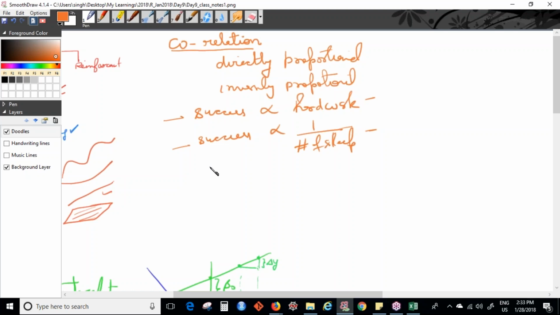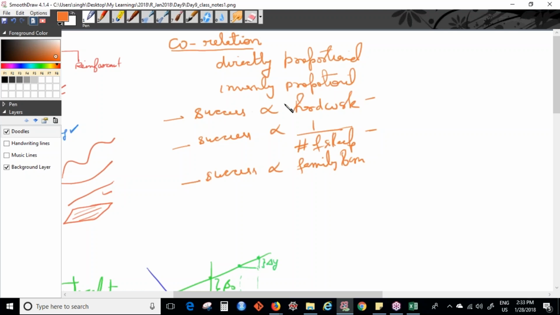So success can also be directly proportional to, let's say, the family in which you are born, right? If you are born in a politician's family, well, you are very successful. So success can also be directly proportional to some other factor. But there is no quantification here.